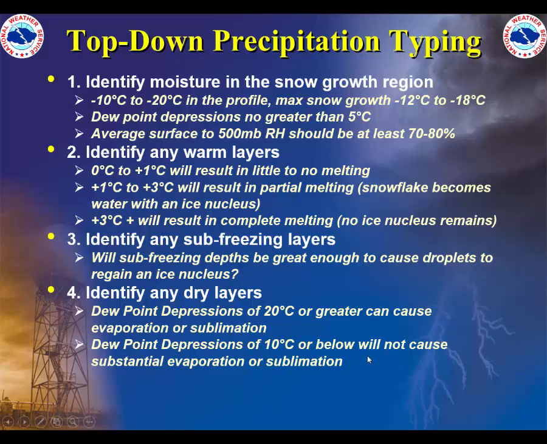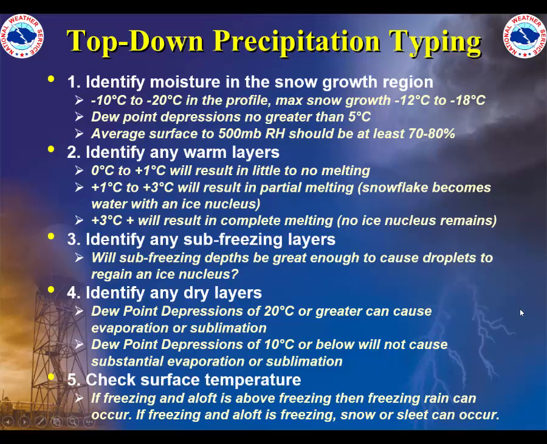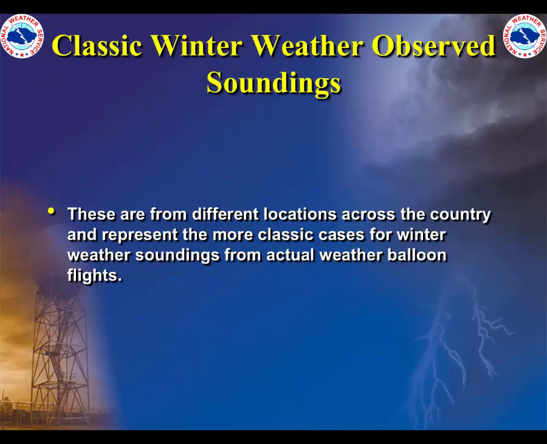If it's 10 Celsius or below, it should not be significant, is what we found. And then look at your surface temperature. Obviously, that's the big thing for the surface conditions. Obviously, if it's freezing aloft, and then you have a warm layer, then you have freezing temperatures near the surface, you can get freezing rain. If it stays cold through the profile, snow, and if it's warm through the profile, rain.